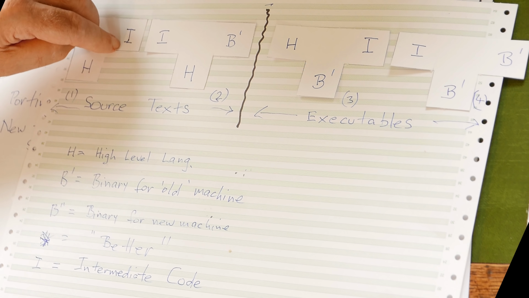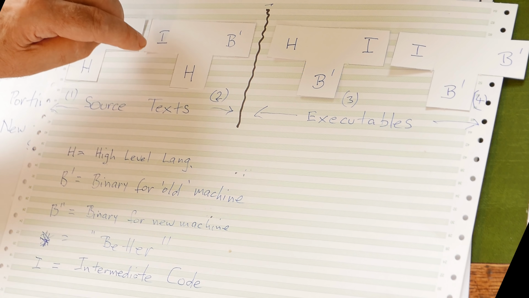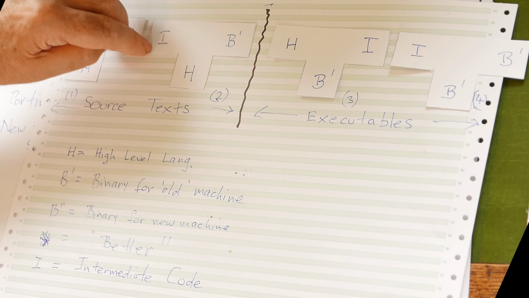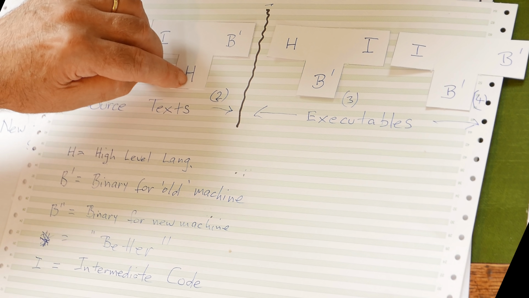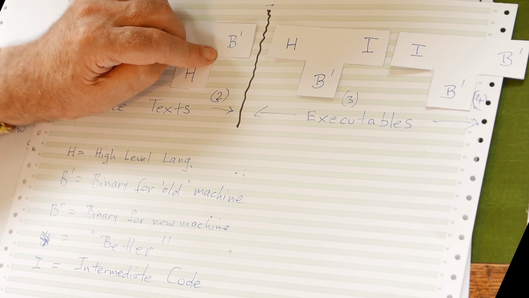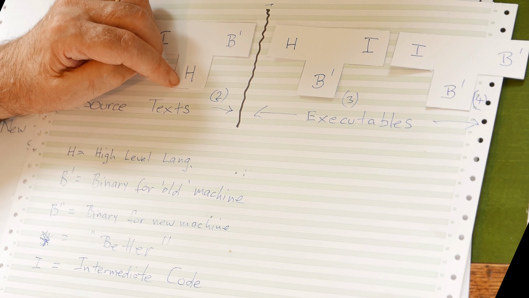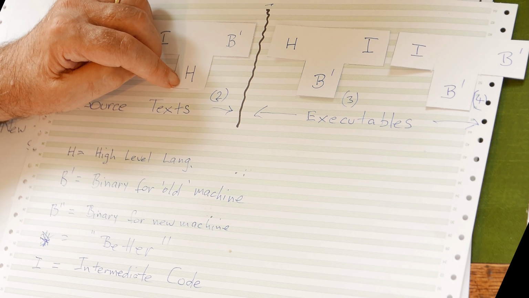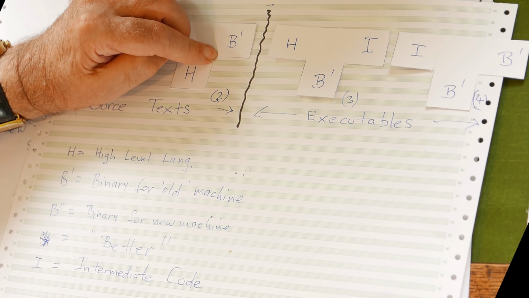The thing that's going to change this time is, instead of saying things like take my intermediate code and write a compiler for it that produces B prime, I'll be saying take that, write it in high-level language of your choice, but make the binary it produces be for our brand new machine that we can't wait to get some software working on. So that B prime will start becoming B double prime.